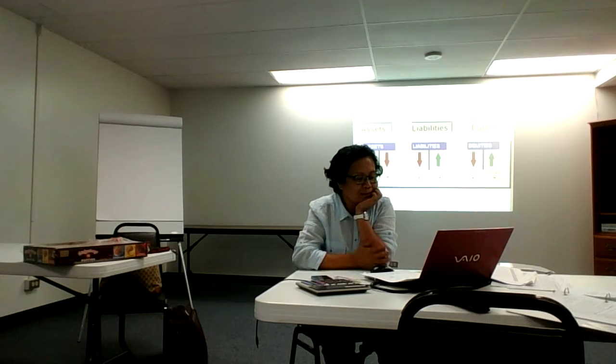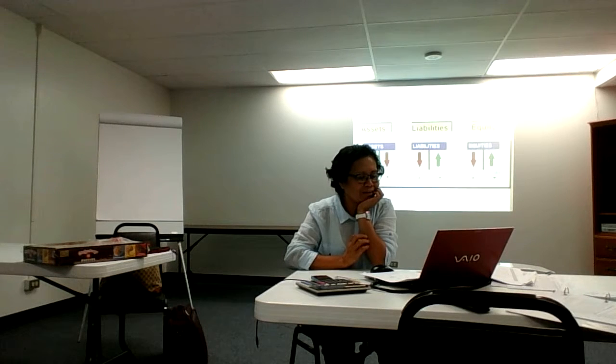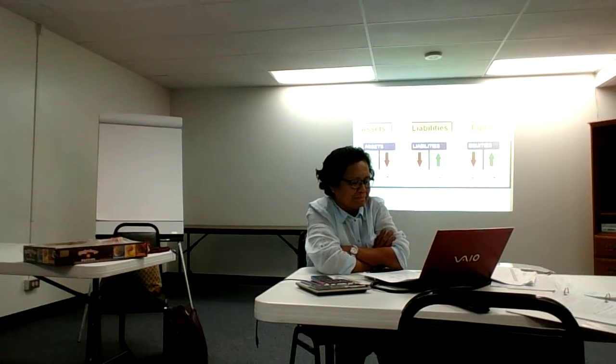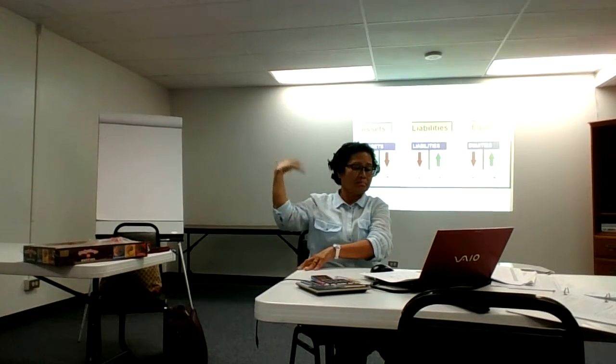On number 7, it shows how the effects of debits and credits on the owner's equity accounts and the normal balances work. Owner's capital: debits decrease, and of course, increase is credit.